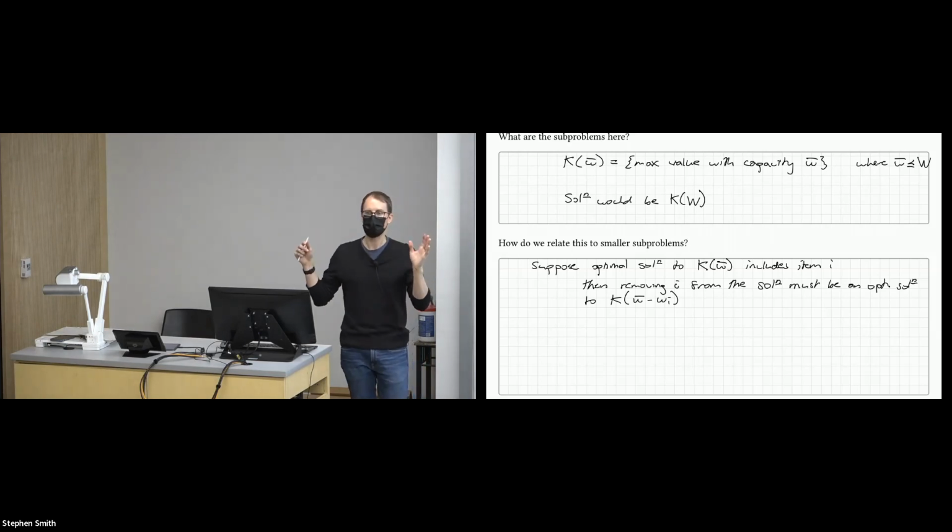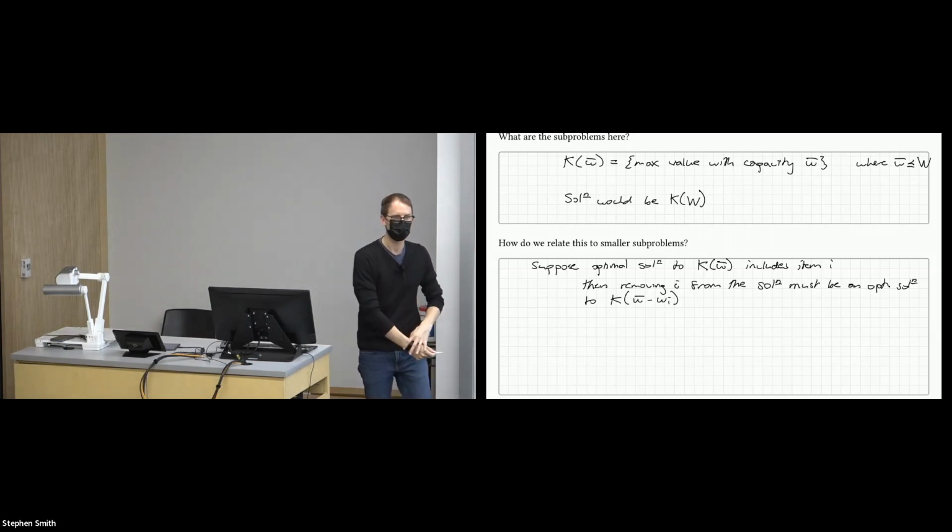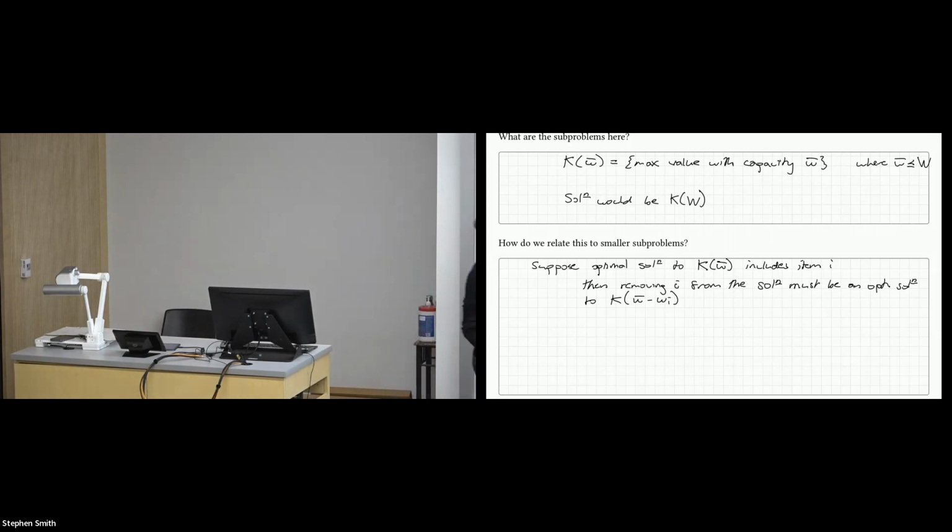My argument would be by way of contradiction. Suppose that optimal solution to K of W bar includes item i, but suppose that removing that item i wasn't optimal anymore. That means there's a better way to pack the remaining portion of the backpack.